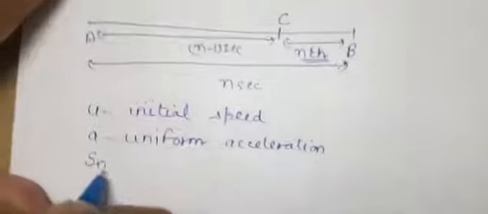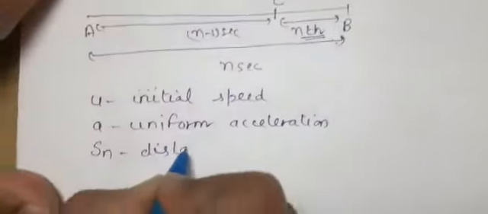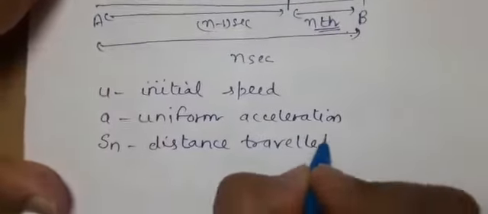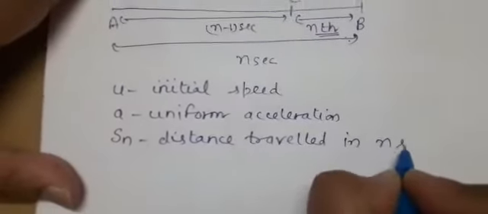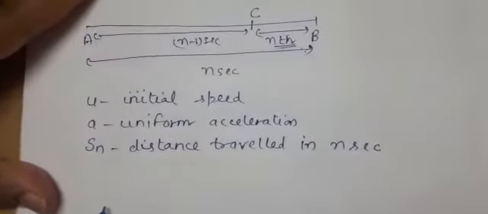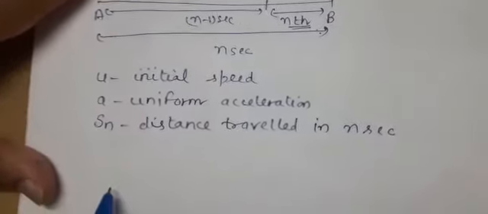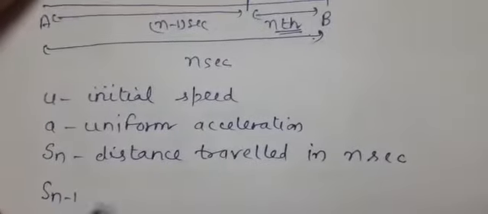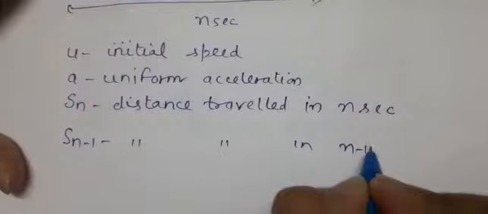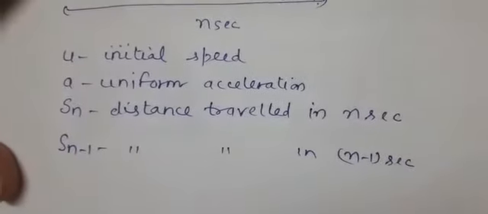Then Sn is the distance travelled by the body in n seconds, total time n seconds. Like if we take the distance travelled in 10 seconds, that is the total distance from the starting to the end point, up to 10 seconds. Sn minus 1 is the distance travelled in n minus 1 seconds.